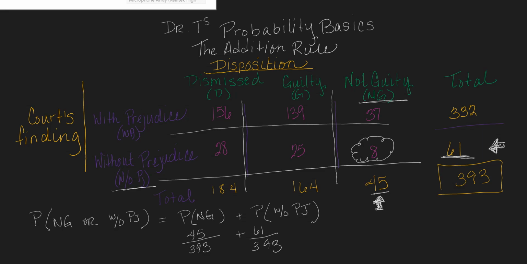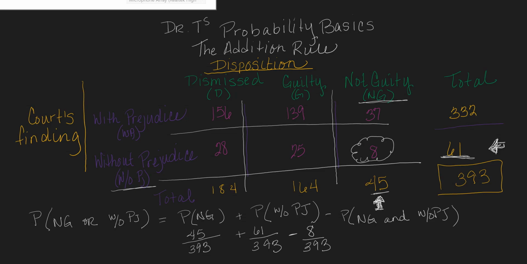So we need to subtract and get rid of that 8. So we need to subtract the probability that the case we pull has not guilty and without prejudice. So that's the 8 out of all of the cases we reviewed.